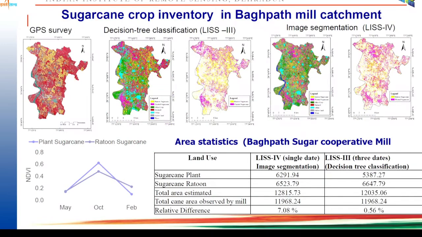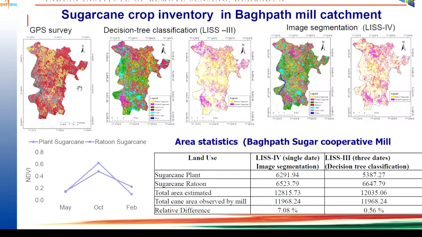Now that was all about the state level or national level approach, but at the same time new technology is being developed to make high resolution crop inventory at field scale. So we could map sugarcane, both ratoon and planted sugarcane.